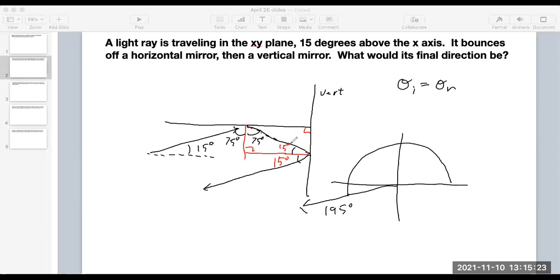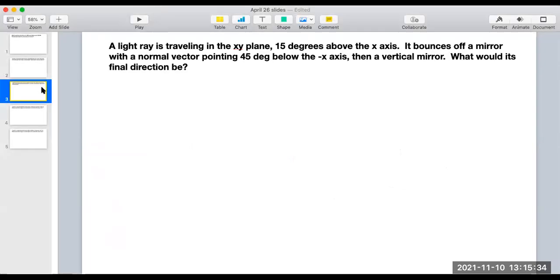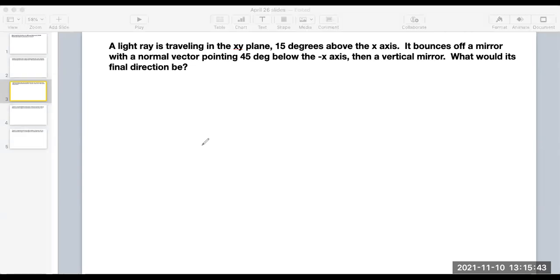So same toolkit. Let's just move to a trickier setup. So same ray coming in. Our first mirror just like that.